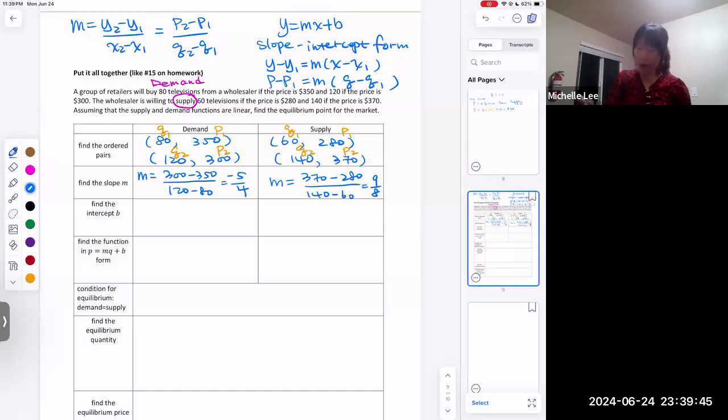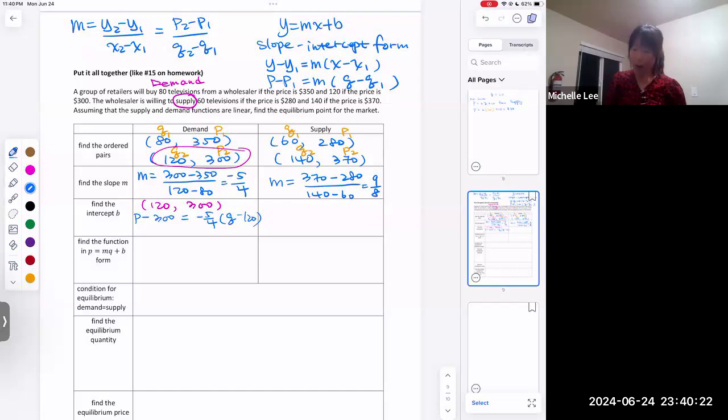Okay, let's do it. We pick any ordered pair. So let's pick this one for now: 120 and 300. So p minus p sub 1, which is 300, equals the slope, which is negative 5/4, times q minus q sub 1, which is 120.